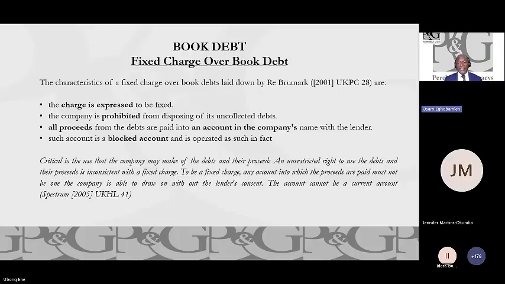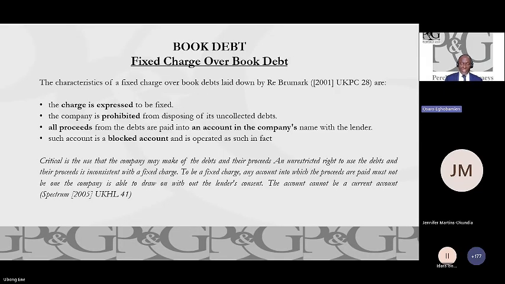In a particular case in the United Kingdom, they developed what we call the triple cocktail test. First, the document must expressly state that the charge is fixed. That's easy. That is form rather than substance. And then, in the same documents, there must be clauses that restrict the use of those funds, and there's total control given to the bank.